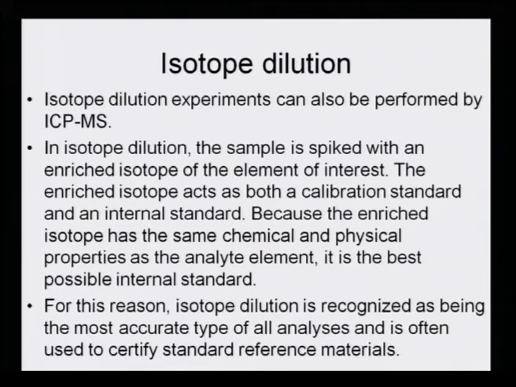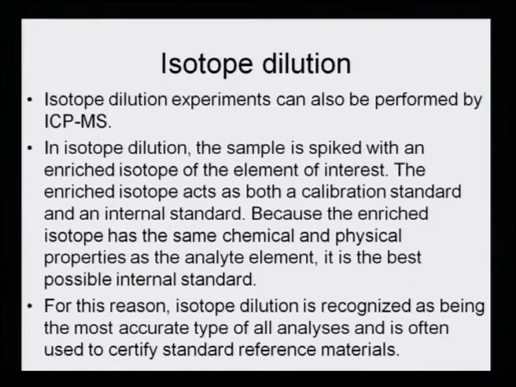Similarly, there is the possibility of even taking care of isotope dilution. Suppose it is at levels which are much lower, then how do we detect these isotopes by ICP-MS? Isotope dilution experiments can also be performed by ICP-MS. In isotope dilution, the sample is spiked with an enriched isotope of the element of interest.